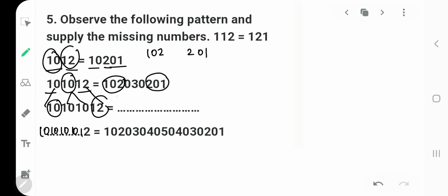So I have kept 102 here, or you can also take 1020 and 0201. 1020 and 0201, and in between I have taken the next number; here it was 20, I have taken here 30. So my number becomes 1020, 0201, in between 30. Got my point clear? Now how you will make it?